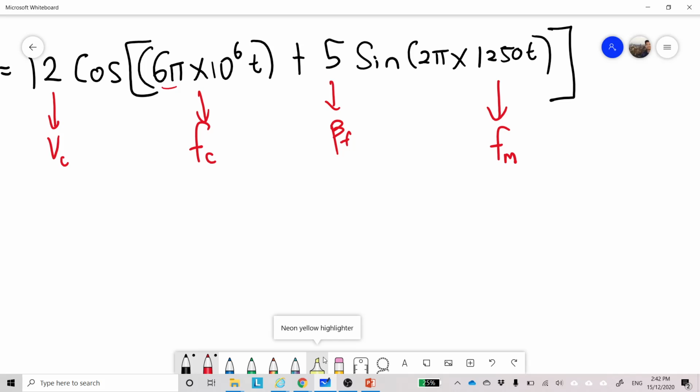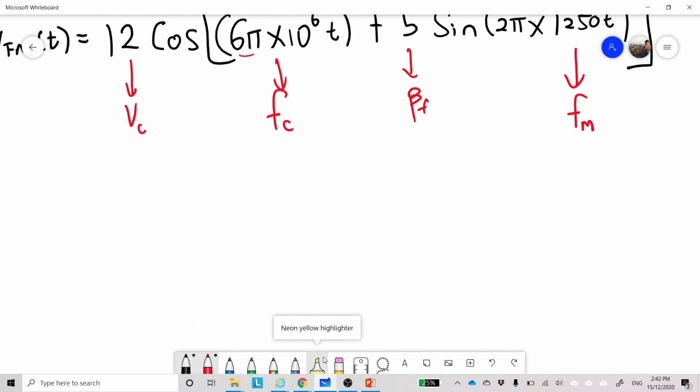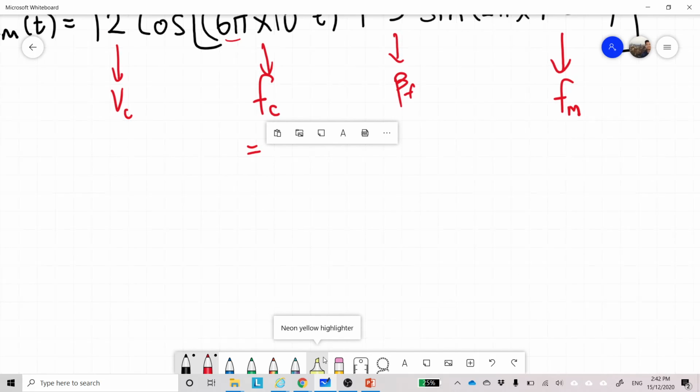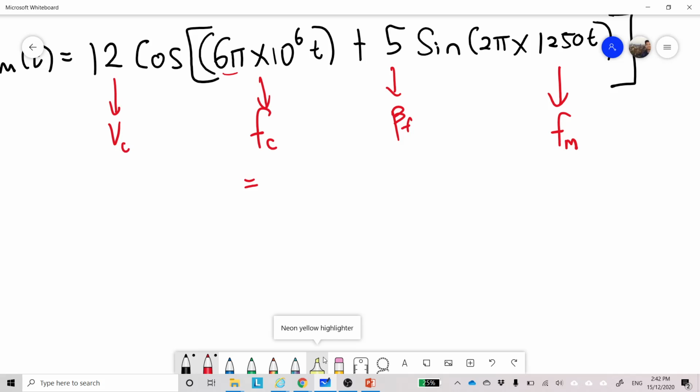Okay, so the first question asks, what is the frequency of the carrier signal? So the frequency of the carrier is equal to, you need to divide with 2 pi, so you get 3 times 10 power of 6 hertz.